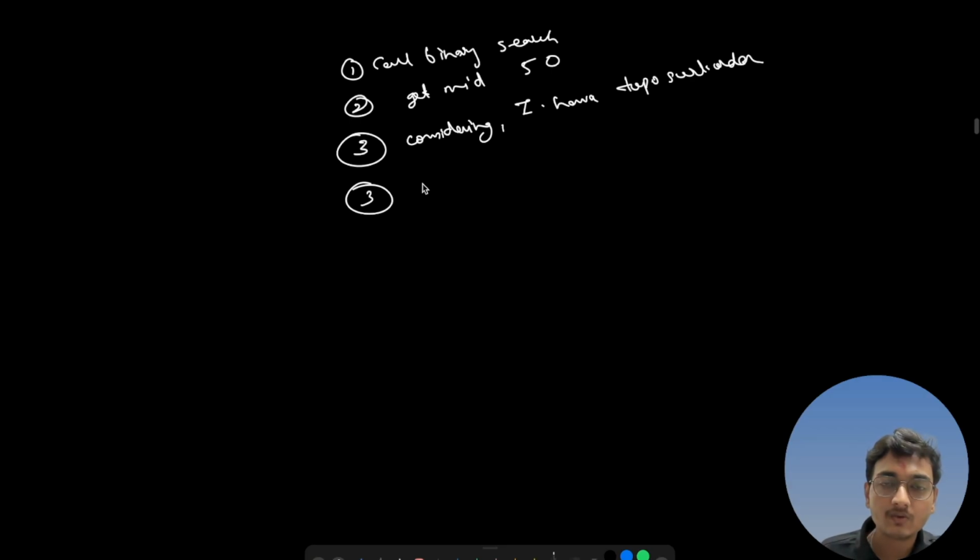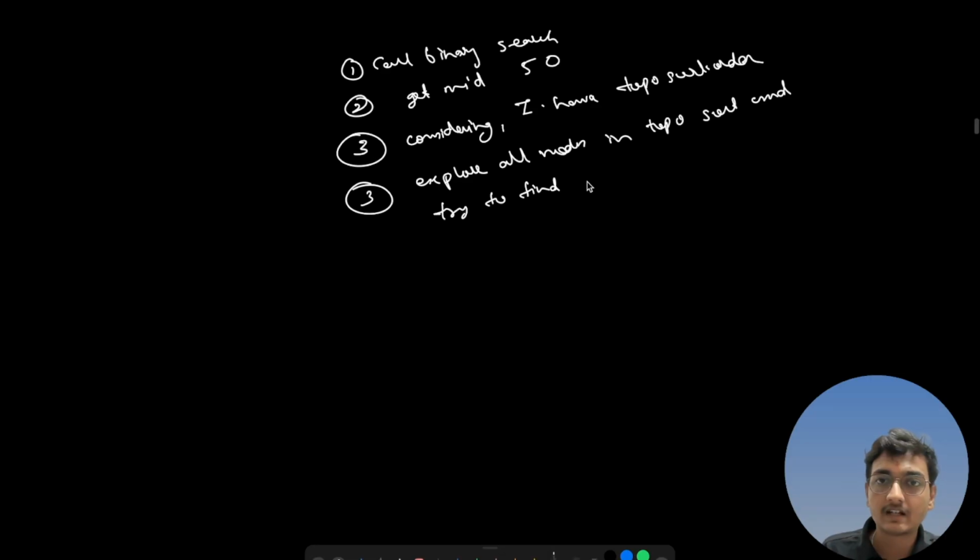I need to explore all nodes in TopoSort and try to find the minimum distance from the source to the last node, or target.